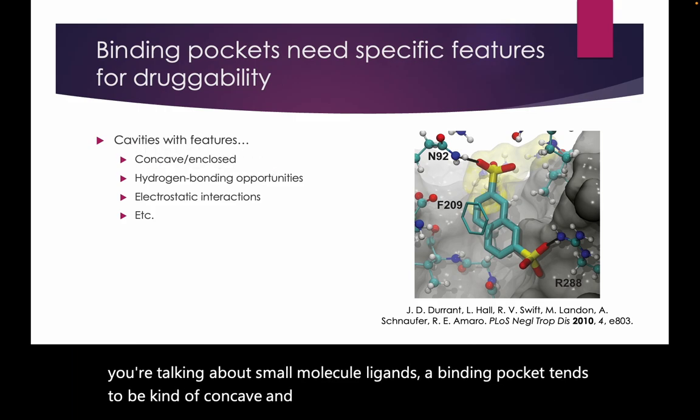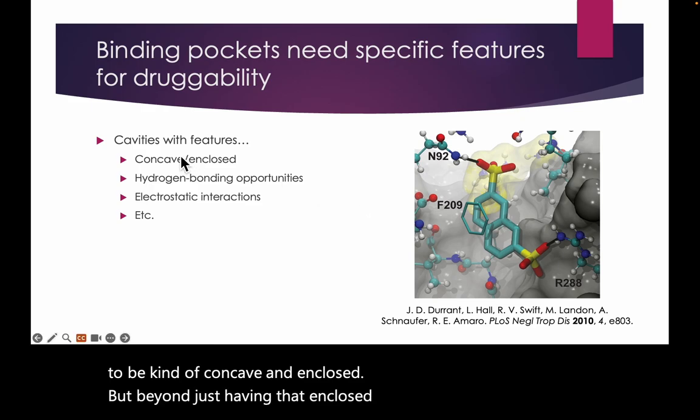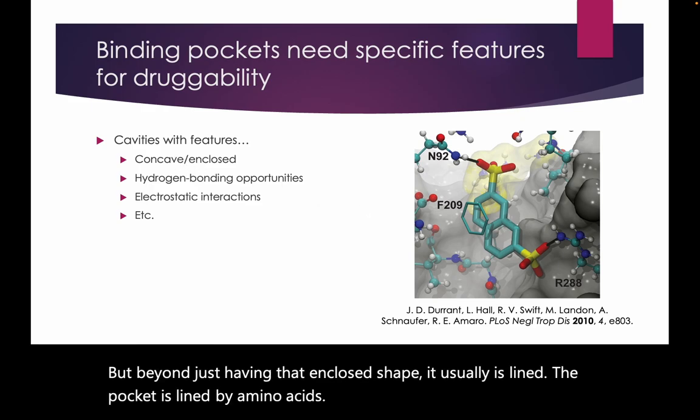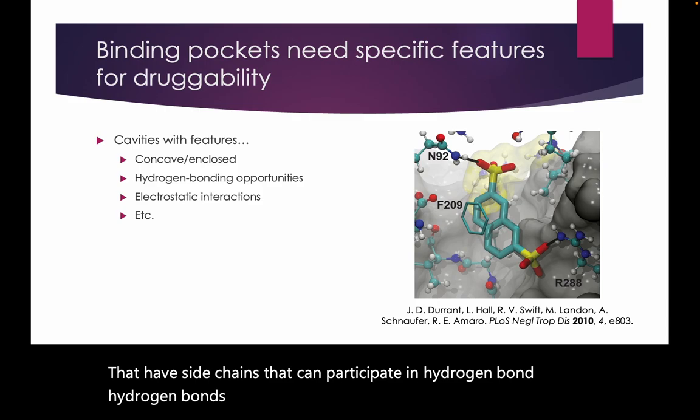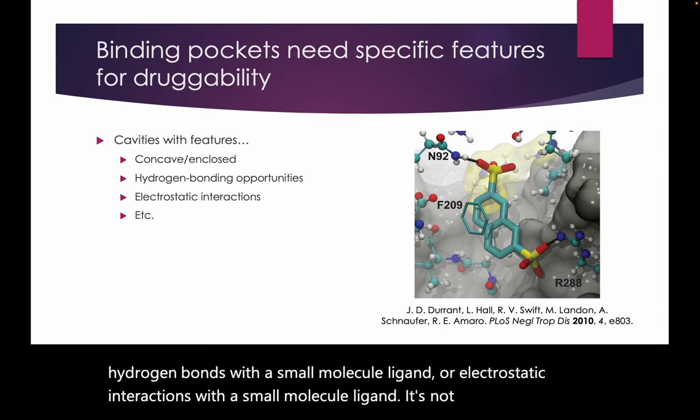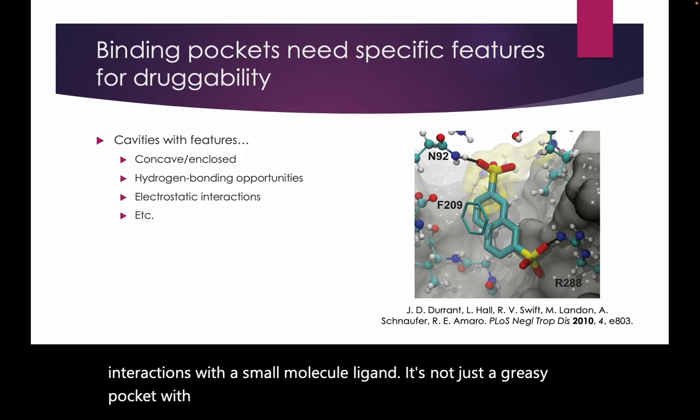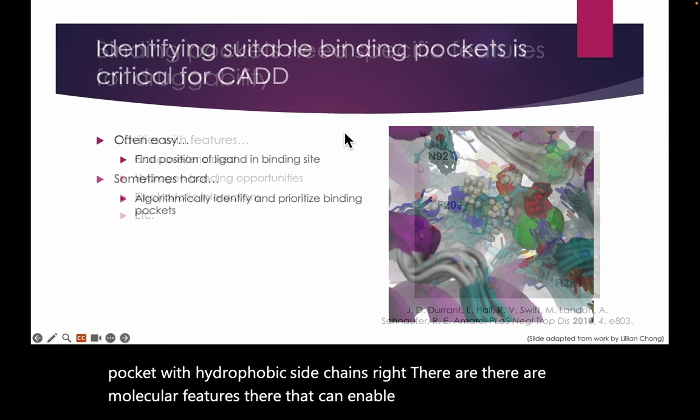But beyond just having that enclosed shape, the pocket is usually lined by amino acids that have side chains that can participate in hydrogen bonds or electrostatic interactions with the small molecule ligand. It's not just a greasy pocket with hydrophobic side chains, right? There are molecular features there that can enable binding with a small molecule ligand.